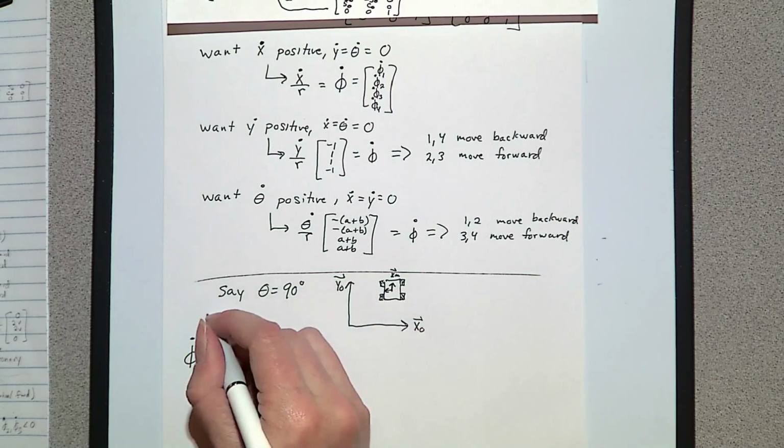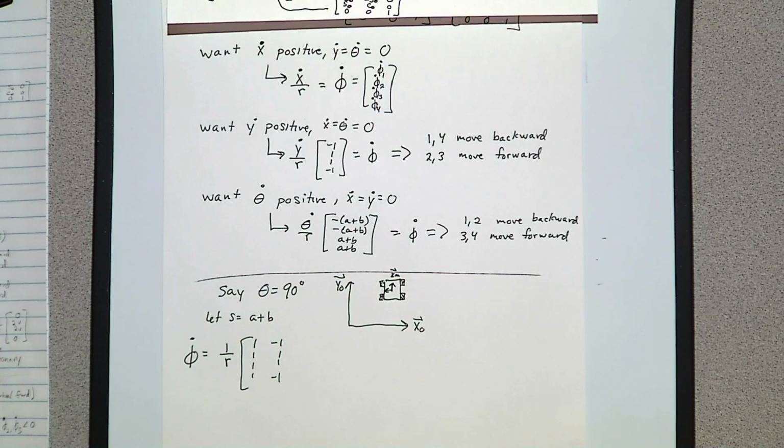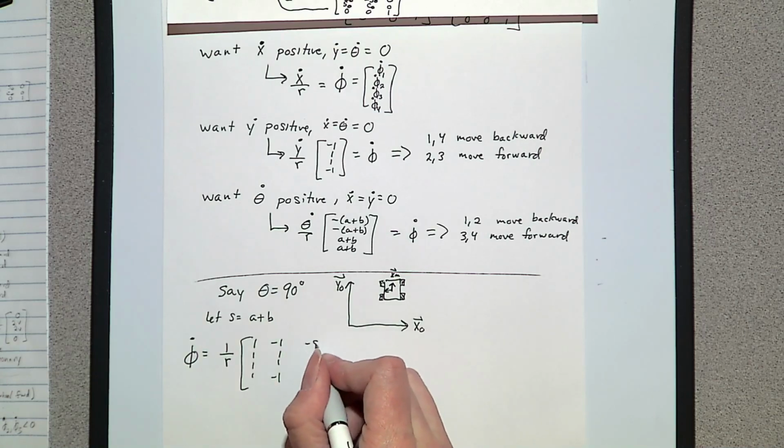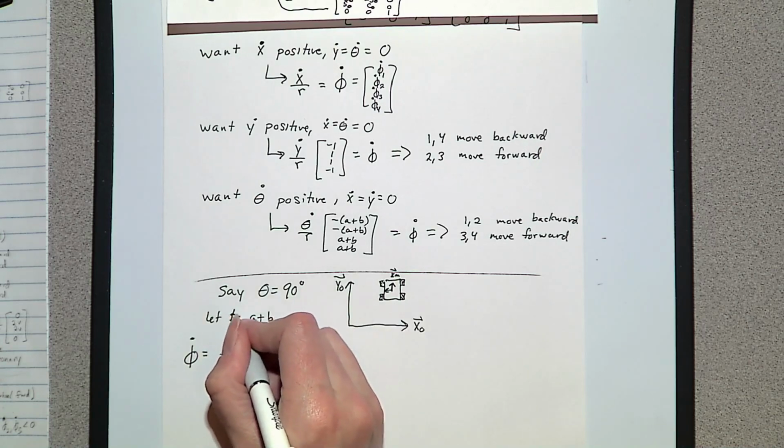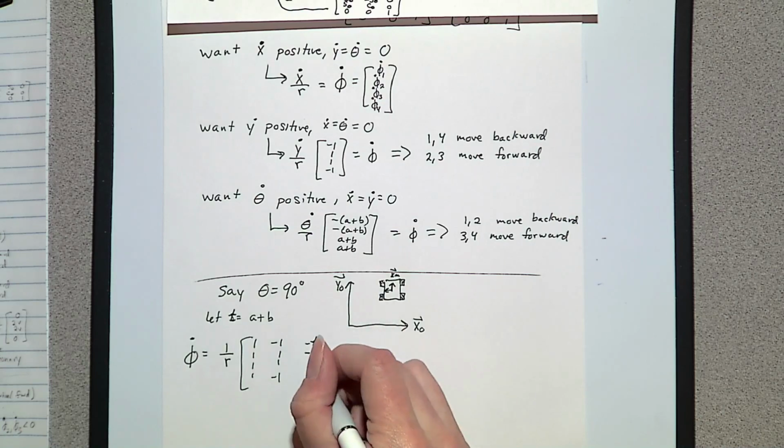I'm just going to let S equal A plus B, just so I don't have to keep writing that. So we have minus S, I'm going to say T just because I used S for sine.